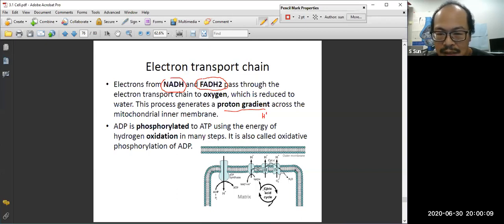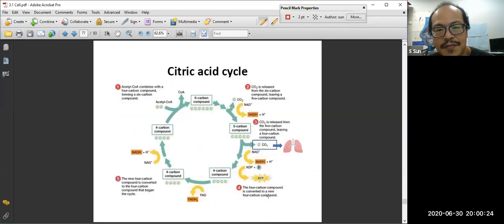This process is called the citric acid cycle. So the citric acid cycle will produce NADH and FADH2. It's not showing here, but it will produce these two. And so let's look at this citric acid cycle. This citric acid cycle is a process in the matrix.